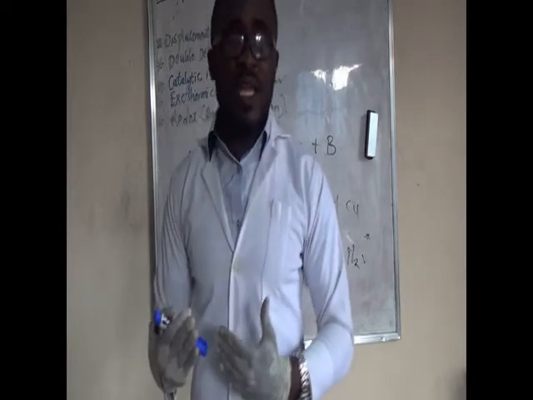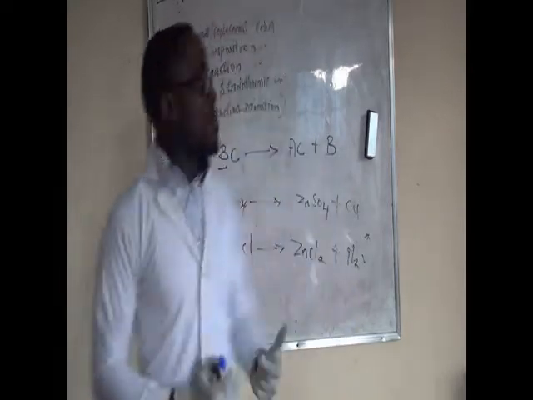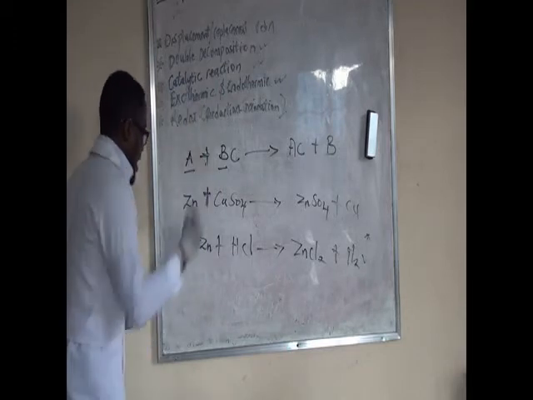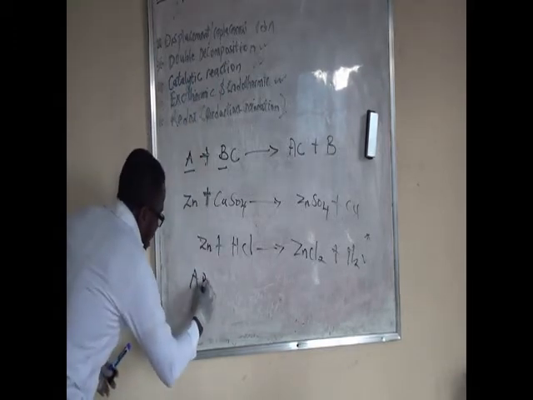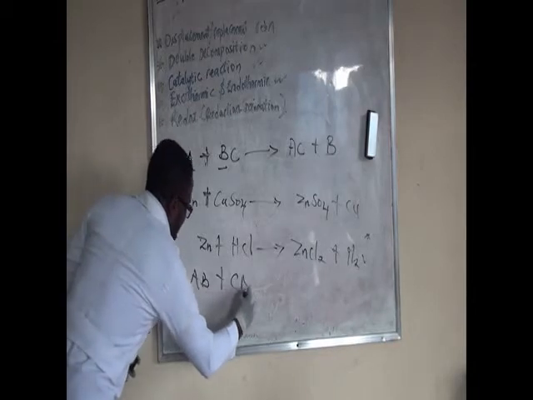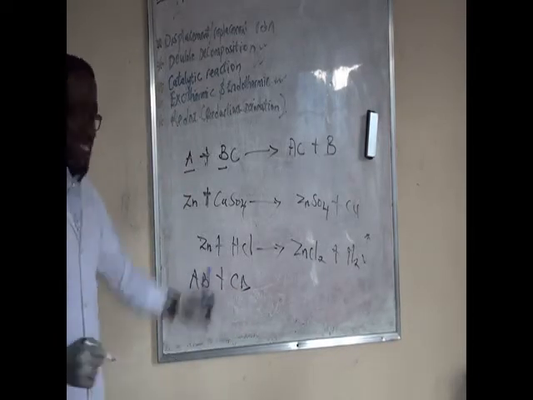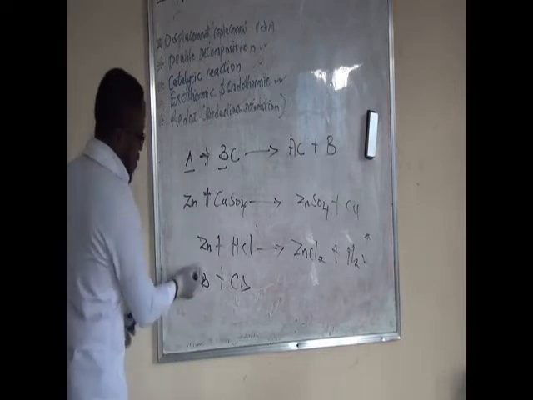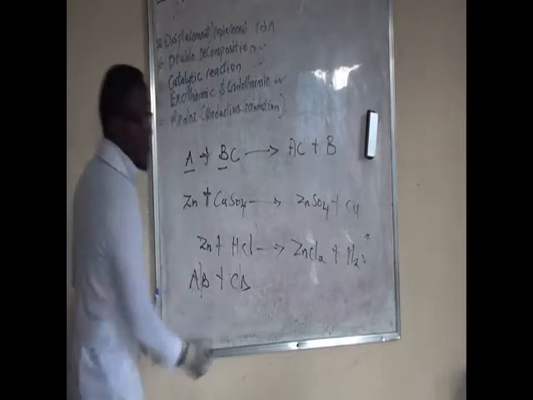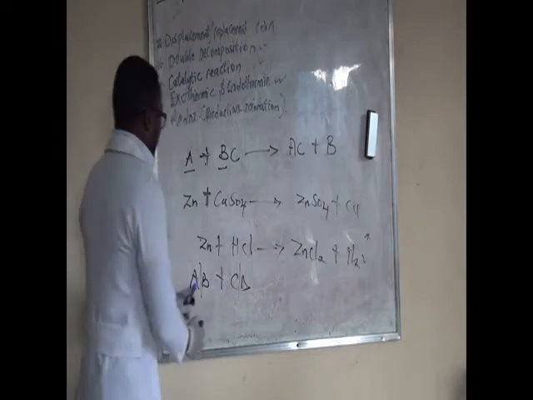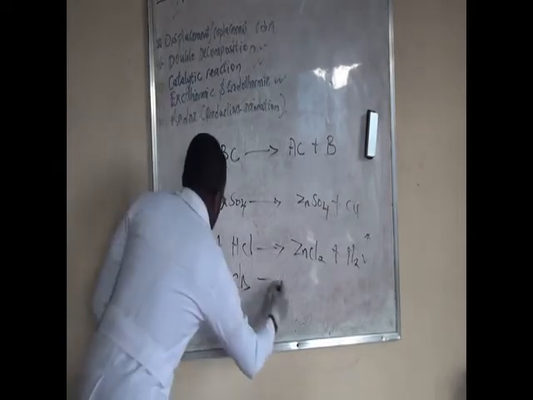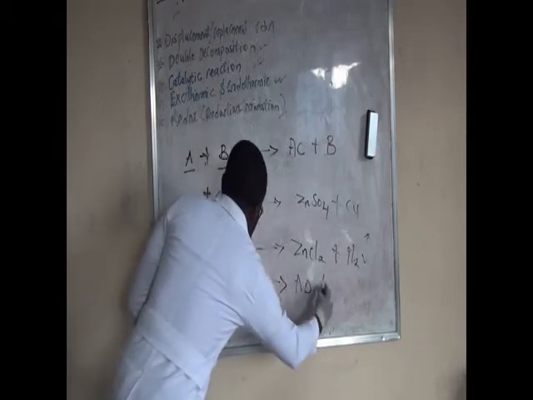Precipitation. It has precipitated. A typical example of this double decomposition, let me use the alphabet, the denotation. Let's say we have a compound AB plus compound CD. You'll find out that there is always a decomposition of A and B, and a decomposition of C and D. A will react with D, whereas B will react with C to form AD and what?